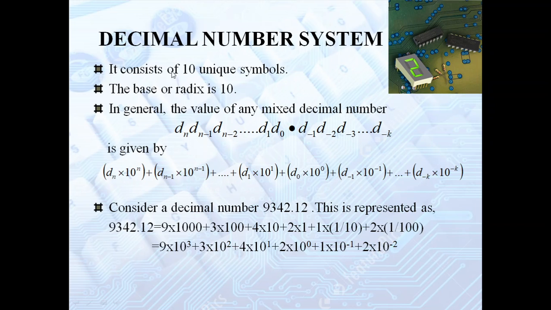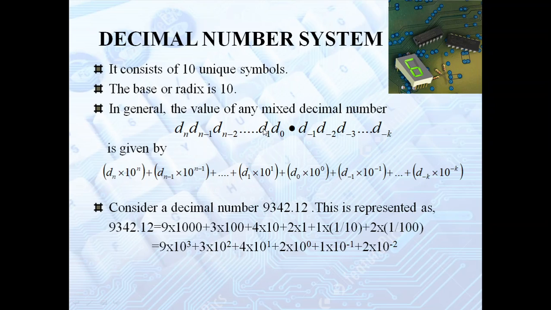Let us see the decimal number system. It consists of 10 unique symbols with base 10. In general, the value of any mixed decimal number can be written as this equation. Here, d0 is in the first integer position and it is multiplied by 10 power 0.